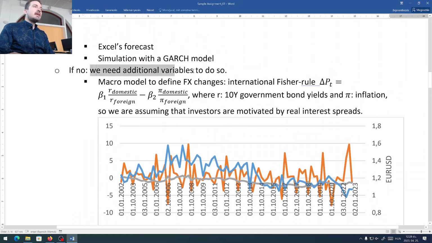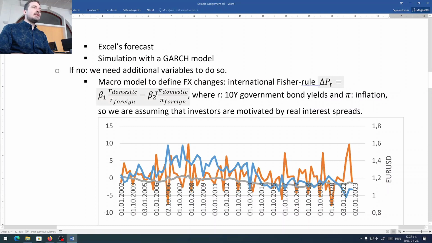But if we say that the exchange rate market is not efficient, then we can say that additional macro variables can have an influence on exchange rate movements.